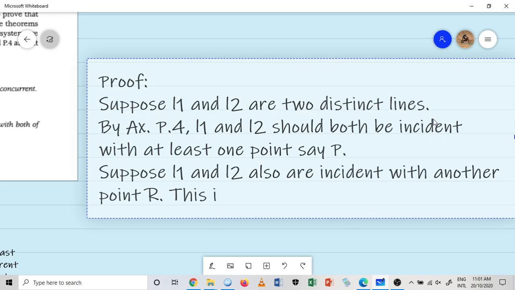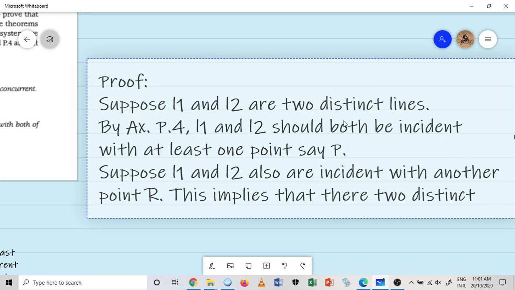This implies that there are two distinct lines, because earlier we have stated that L1 and L2 are distinct.